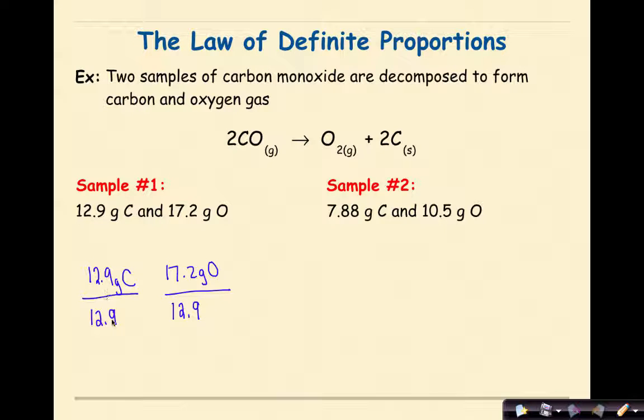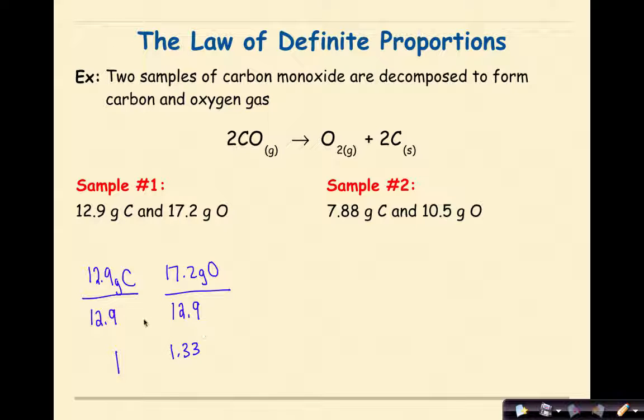And when I do this, 12.9 divided by 12.9 is 1. And when I divide 17.2 by 12.9, I get 1.33. So the ratio here is 1 gram of carbon per 1.33 grams of oxygen.